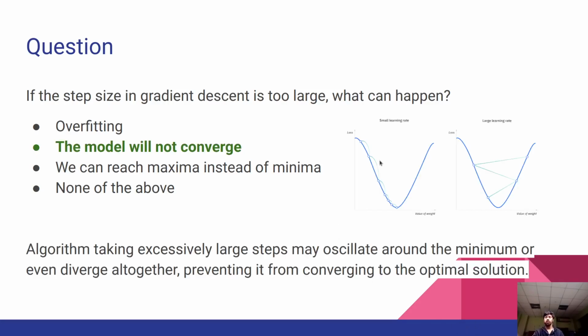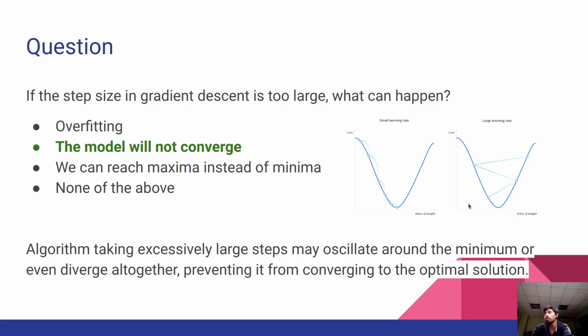So this is the diagram. We are talking about step size. If we are taking large steps, suppose we are here right now and the global minima is here, we have to come this side.